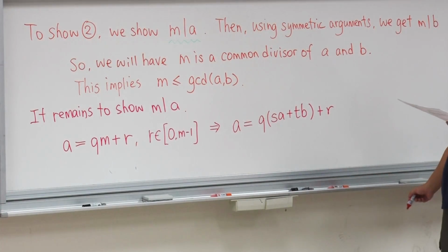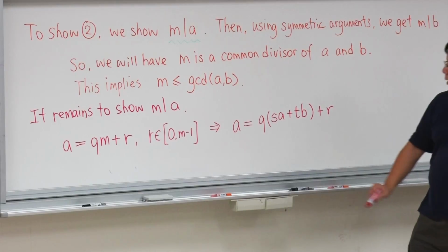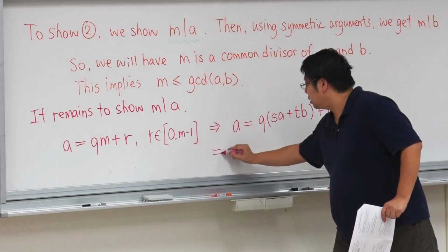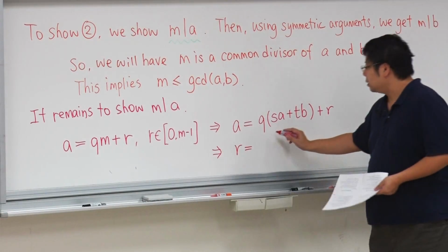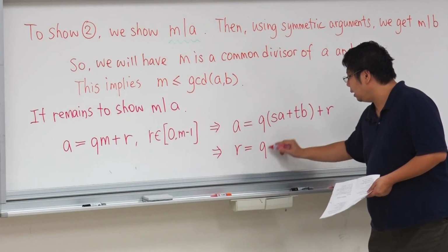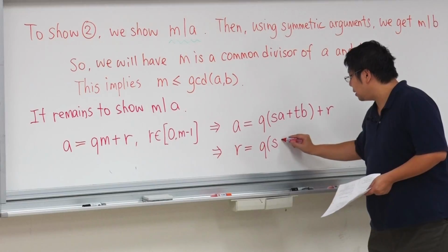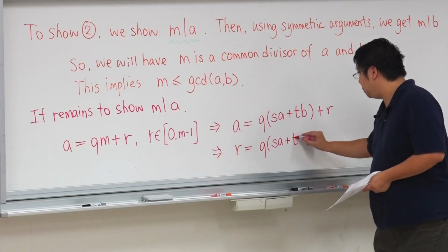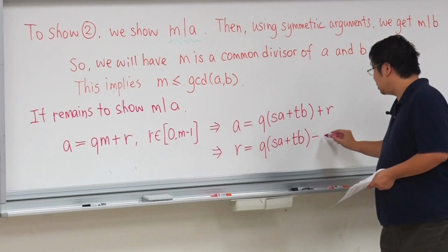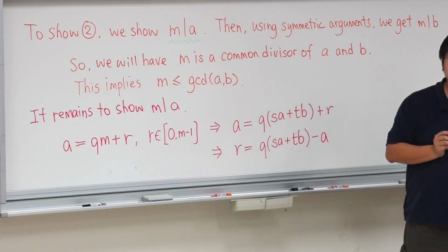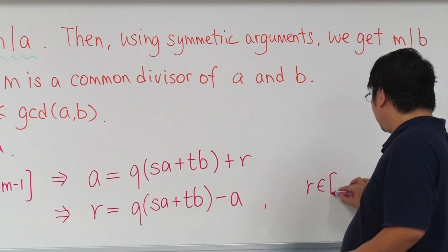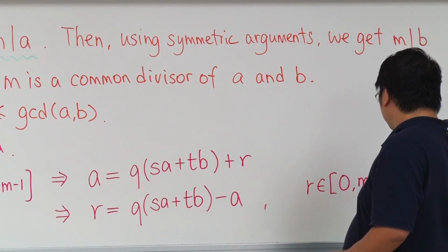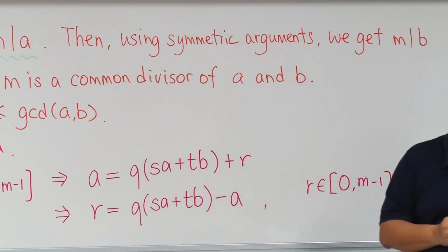So we keep the same R. And then R is equal to, so we rearrange the terms, R will be equal to A minus Q times (SA plus TB). Is that okay? Recall, R is between 0 and M minus 1.